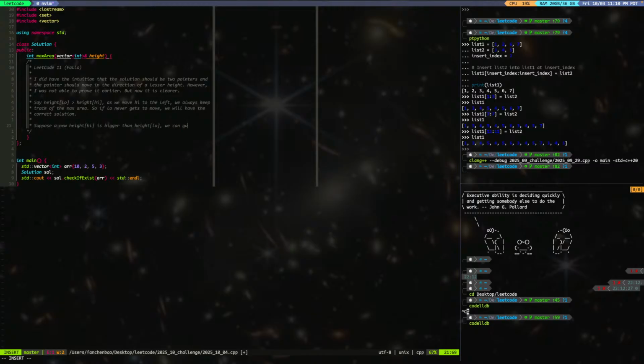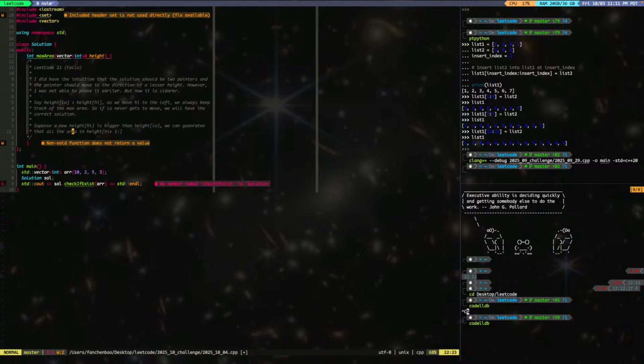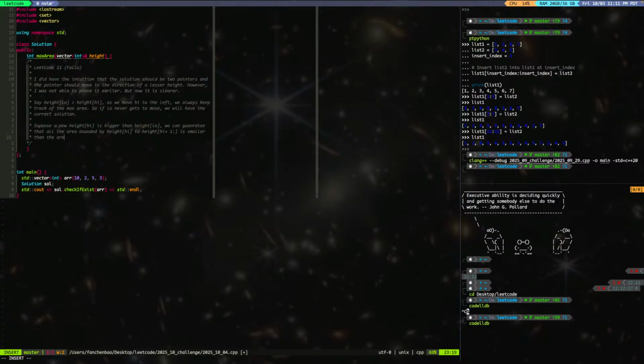We can guarantee that all the area in height high plus 1 to this area bounded by height high 2 is smaller than the area bounded by height low to height high plus 1.